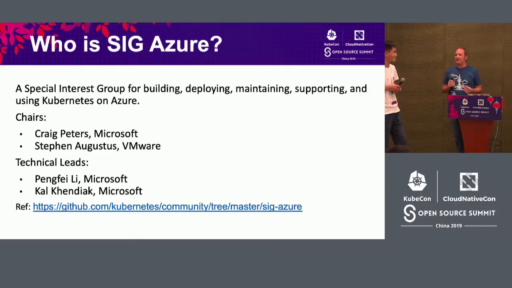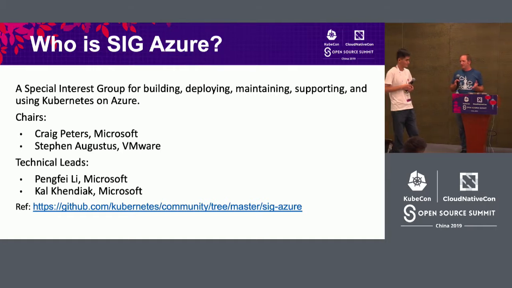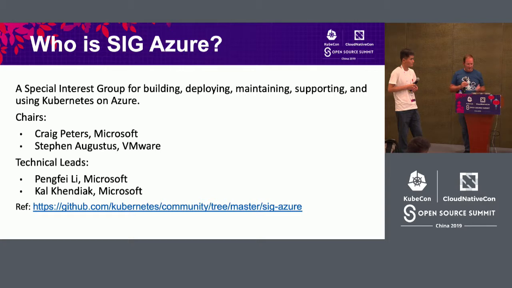So let's give you a quick introduction to what SIG Azure is and what's happening with it. SIG Azure is in the Kubernetes community, if you're not familiar, a special interest group. A special interest group is a community of people who are responsible for maintaining a set of capabilities in the Kubernetes ecosystem. In this case, making sure Kubernetes runs great on Azure. I'm a newly elected co-chair, and I share the co-chair responsibility with Stephen Augustus, who works for VMware.